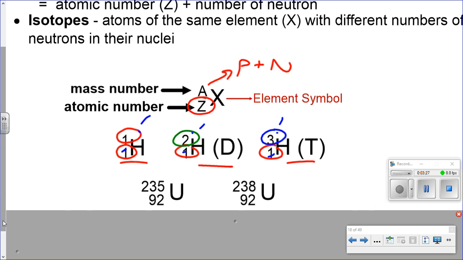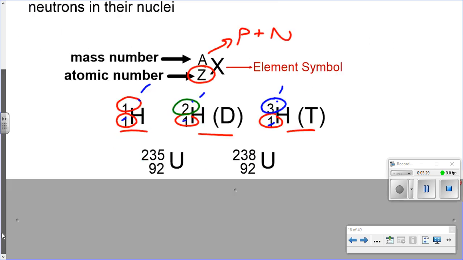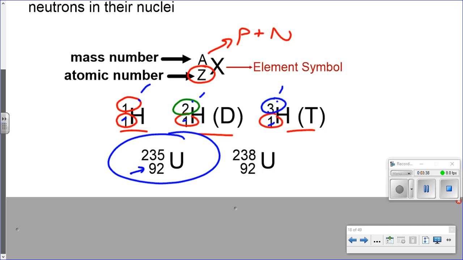So if we take a look at uranium down here, how many protons does uranium have? Let's look at this uranium here. It must have 92 protons, and it must have 92 electrons because we're assuming it's the uranium atom, which again assumes positives and negatives are exactly the same.